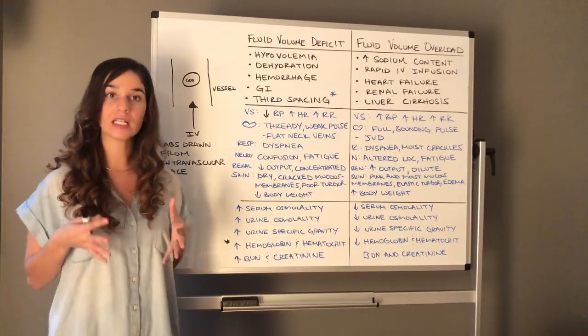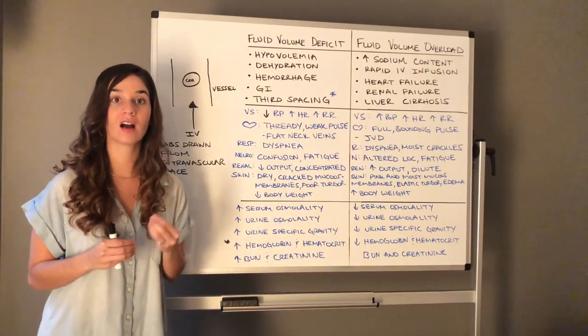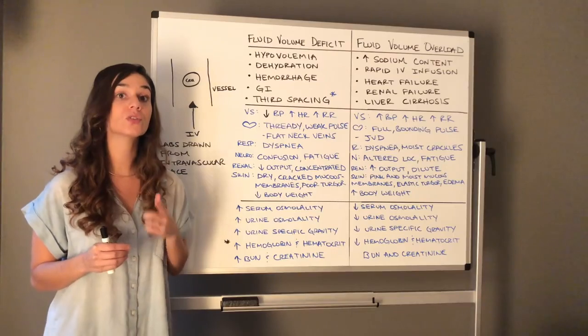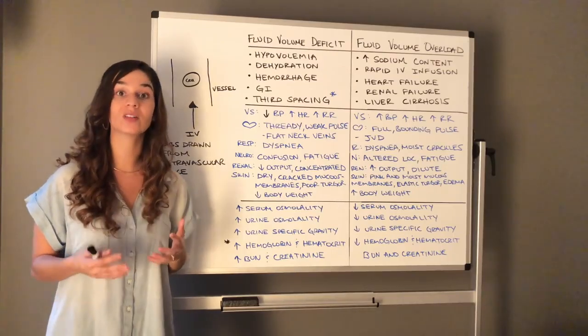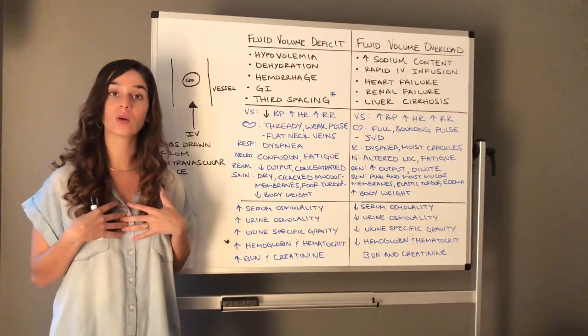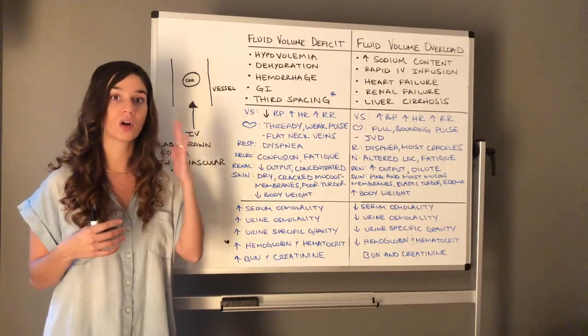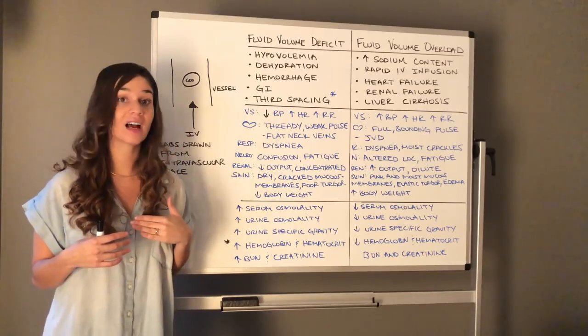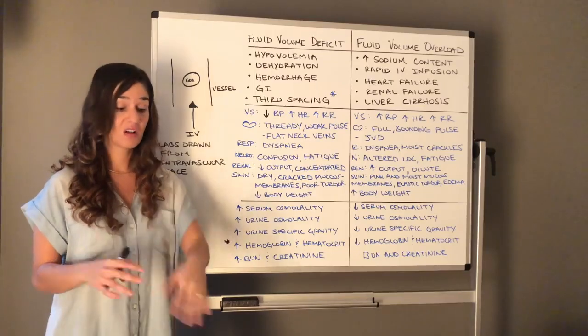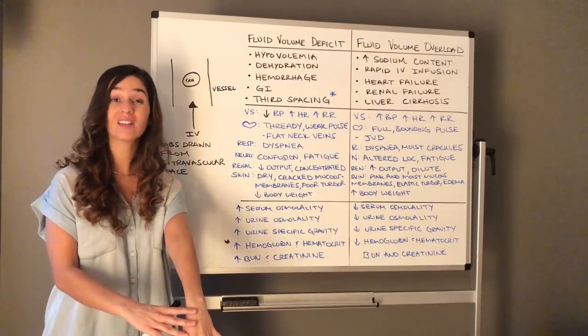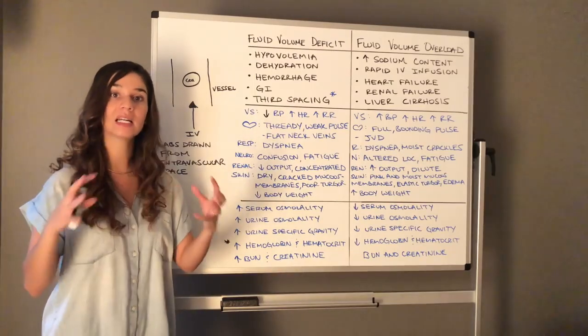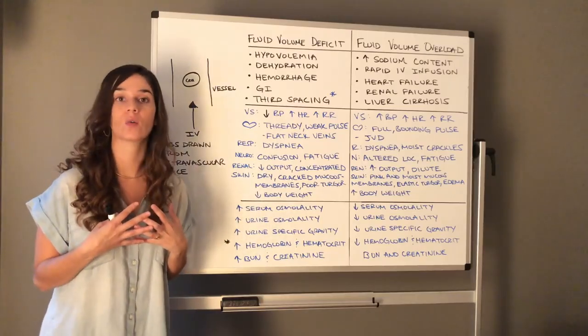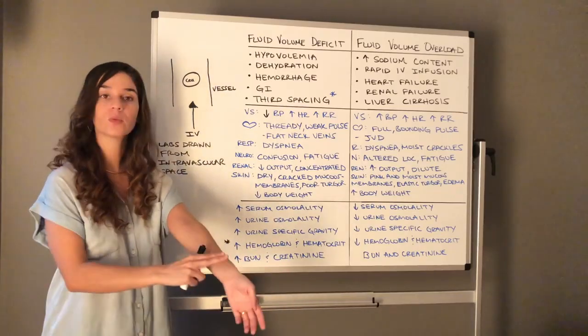So if I have decreased fluid or decreased circulating oxygen in my blood, where would you want that blood to go? We'd want it to go to our vital organs. We'd want it to go to our heart, our lungs, our brain. Because think, our heart can't last very long at all without oxygen, but our skin can last quite a long time without oxygen. So our body's going to shunt that blood to our vital organs. So let's think about what our pulse would feel like.